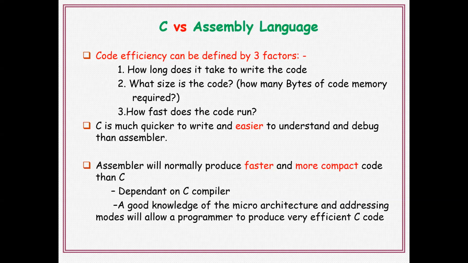But assembler will normally produce faster and more compact code than C. So that one is dependent on the C compiler. A good knowledge of microcontroller architecture and addressing modes will allow a programmer to produce very efficient C code.